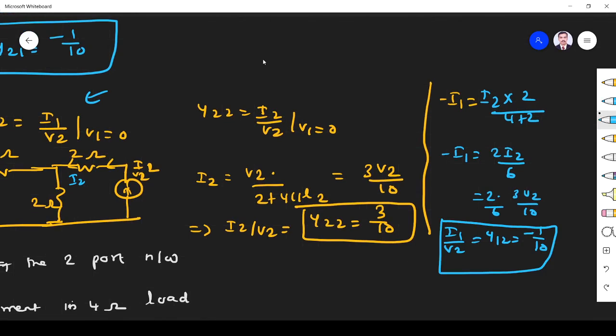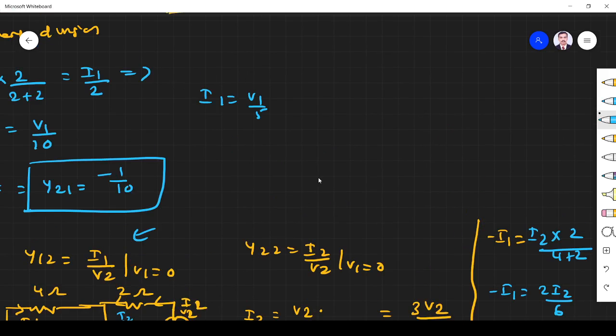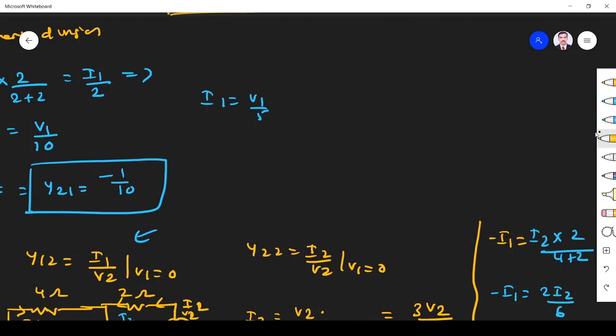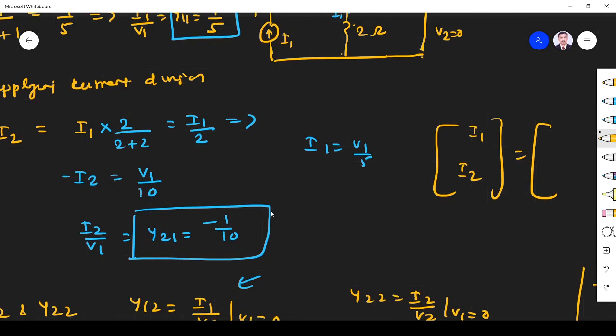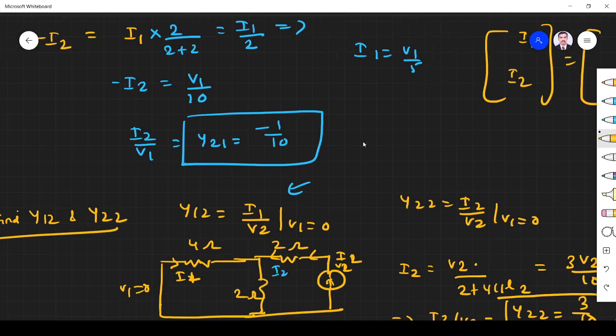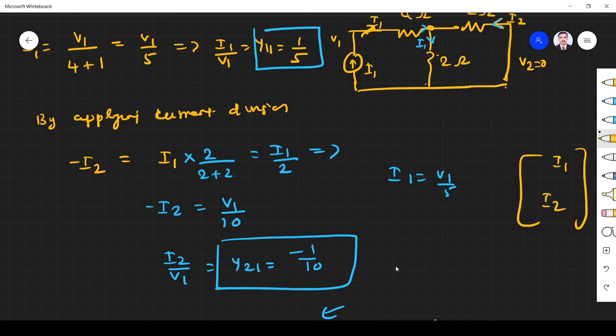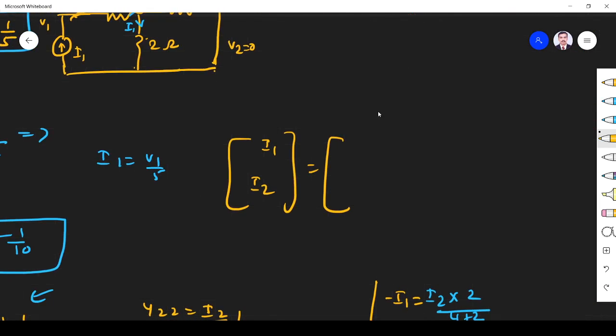Right. So what are those values? So simply I write the Y parameter equation, I1, I2. What is Y11? Y11 is 1 by 5.